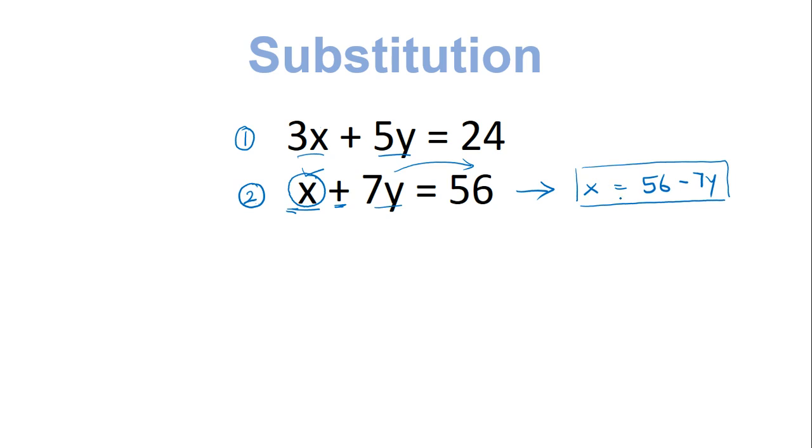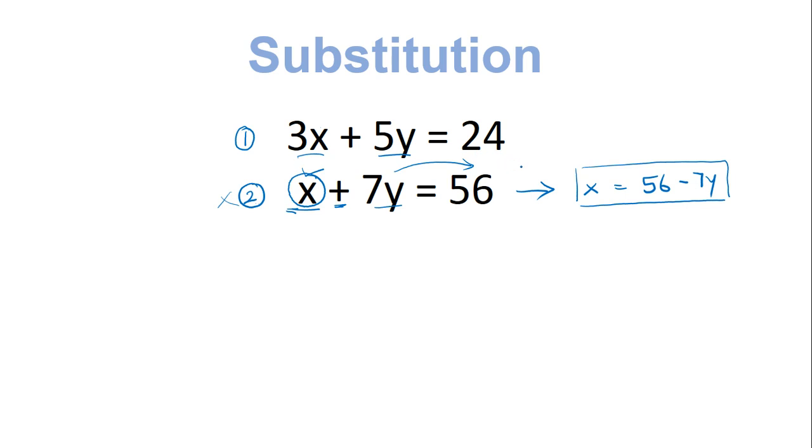Now, this is one step completed. The second step is that you now need to actually substitute. What do I substitute and where do I substitute? Now that I've already used my second equation, this equation is now out of sight. You don't have to do anything with this second equation. Now, you have to play around with the first equation.